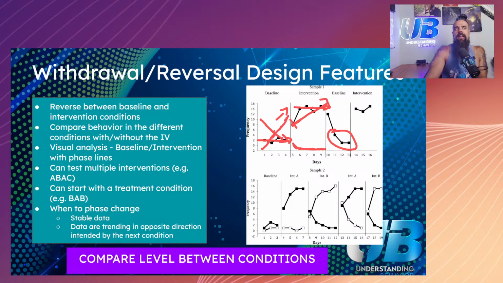So we're trying to increase this behavior, but the behavior is ascending in baseline. Why would we not want to phase change here? And what might we do instead?